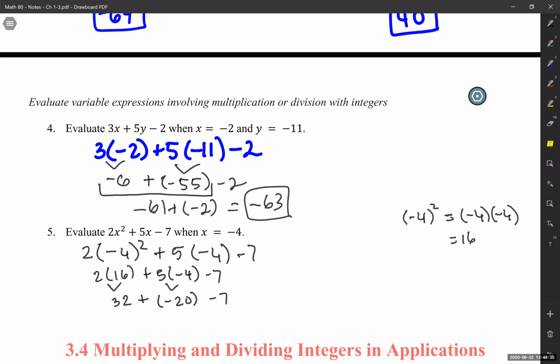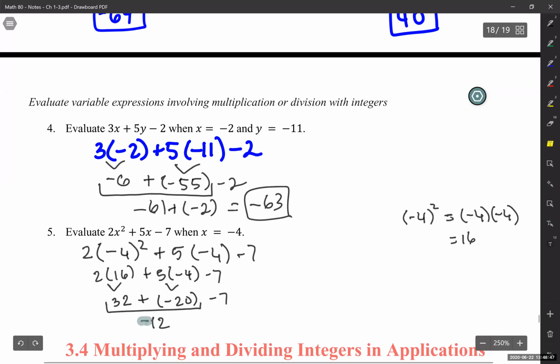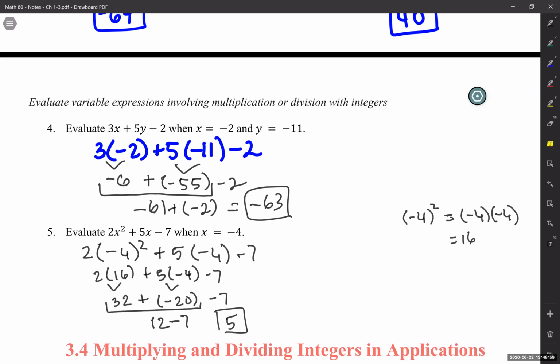So now I'm going to do addition and subtraction from left to right, which means this comes first because it's on the left. 32 plus -20 is... Oh, no, it's not -12. It is positive 12 because I'm adding them and I'm keeping the sign of the bigger number. Minus 7. And you can change that to subtraction if you want, but 12 minus 7 is a pretty common way of writing subtraction, so most people will get that correct. -5.